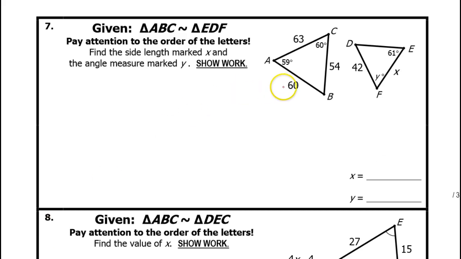There's a small typo in number 7. The angles should all be congruent. If I subtracted from 180, this angle right here is going to turn out to be 61. However, that would make angle B correspond with angle E, but looking at the similarity statement, angle B does not correspond with angle E. It corresponds with angle D. So this 61 should have been over on angle D instead.